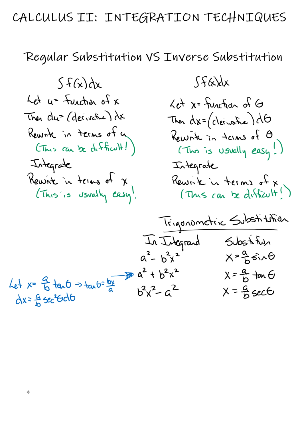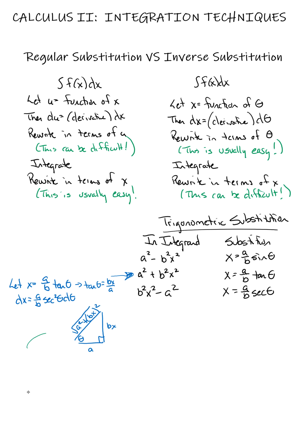Now, trig functions are based off of right triangles. So if there is our theta, then tangent is opposite over adjacent, the opposite is bx, the adjacent is a. That leaves the hypotenuse, using the Pythagorean theorem, as the square root of a squared plus b squared x squared.